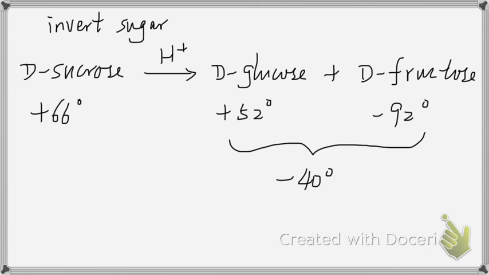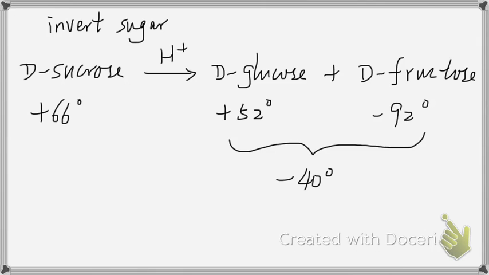Glucose, positive 52 degrees. And fructose, negative 92 degrees. Remember, we talked about this. D-glucose is dextrose, which means the rotation is positive. And D-fructose is levulose, which means the optical rotation is negative. And for fructose, the absolute value of the rotation is bigger than that for glucose.